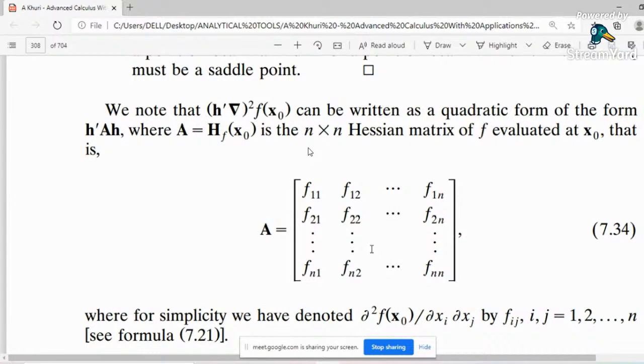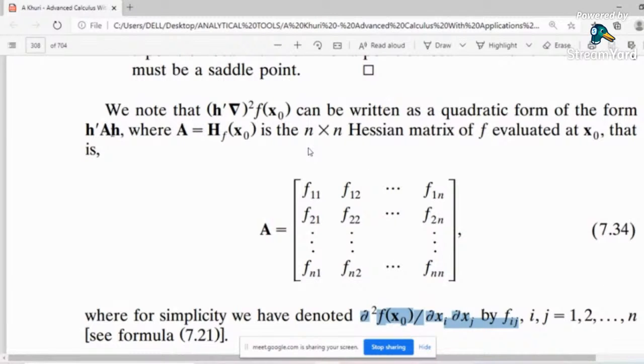These are f11, and the fij values are second derivatives. So f12 is dou square f of x naught by dou x1 dou x2, and so on. When you write in your notebook, write this matrix first and then substitute the value for each position. That is usually known as the sign matrix.